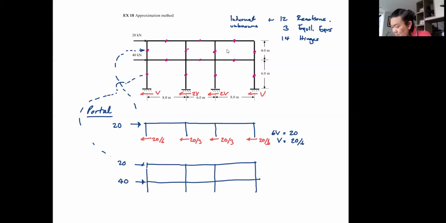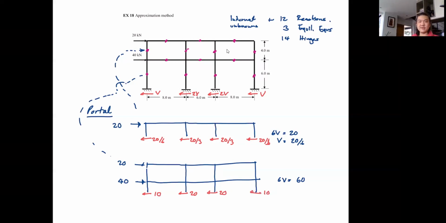So now we have 6V as usual equal to how much? 60, right? Many of you still don't believe in the free body diagram, and you can't draw a proper free body diagram, which is really sad. So here the shear is 10, 20, 20, and 10.